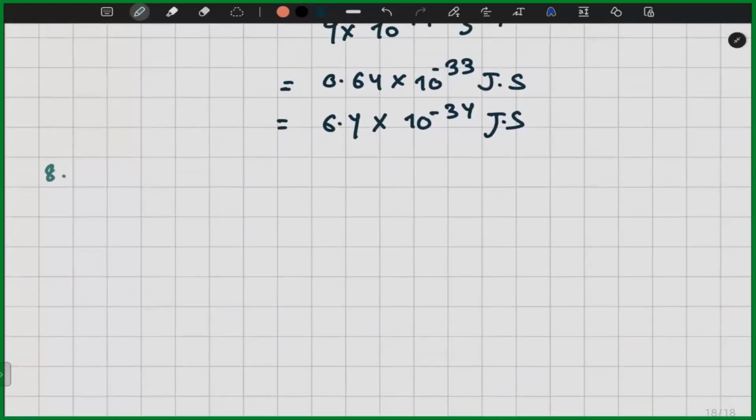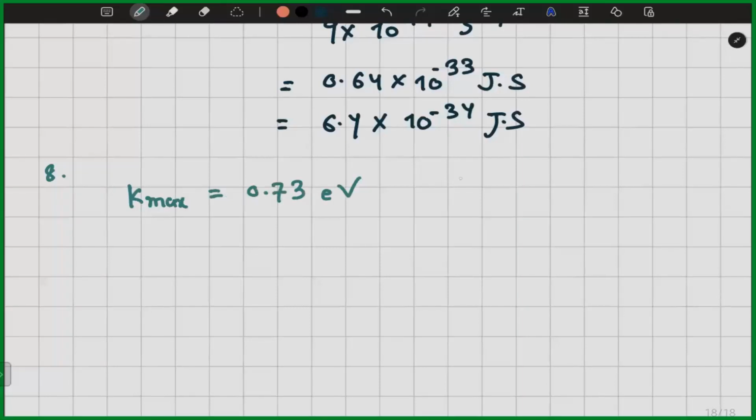Okay. The next question number 8. From a source, light is irradiated on the sodium metal, and the maximum kinetic energy of the emitted electron is 0.73 electron volt.